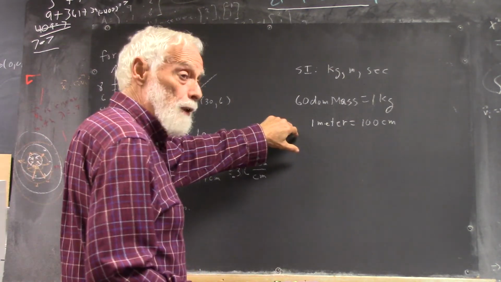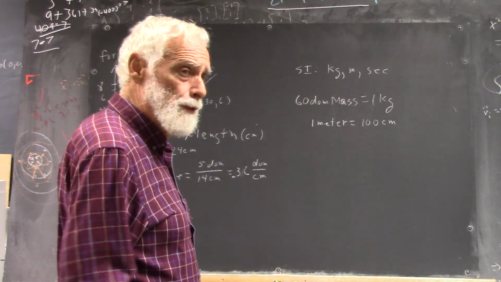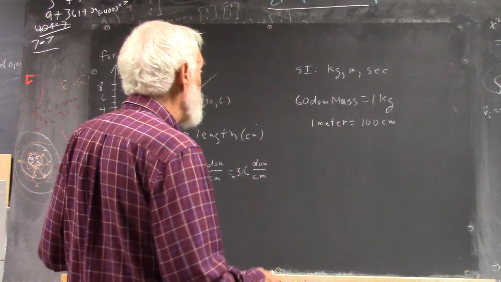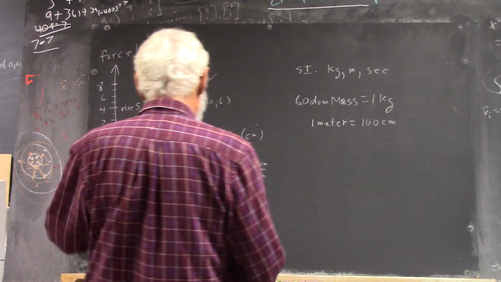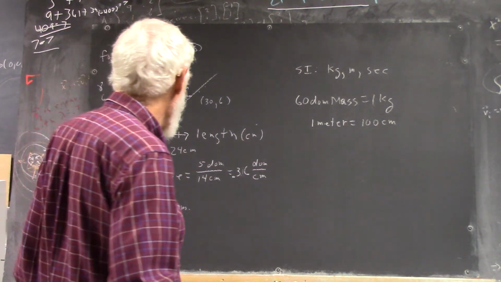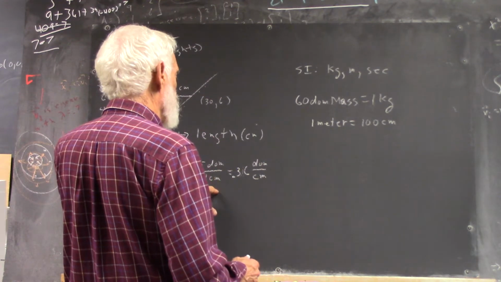Okay? Anyhow, we have this. If you take 60 dominoes out of the box just randomly, they're going to be pretty close to a kilogram. Okay. So, what we get then is K is in dominoes per centimeter.